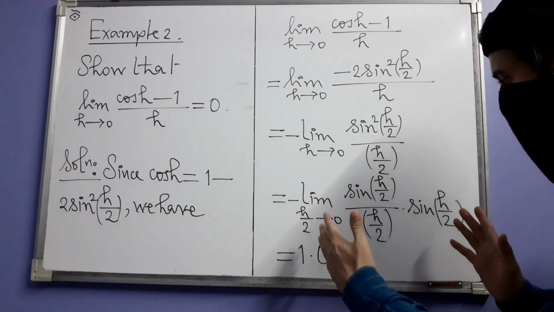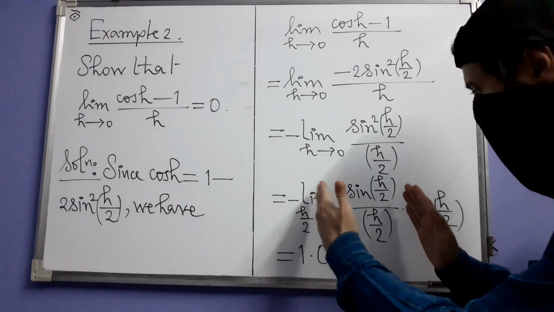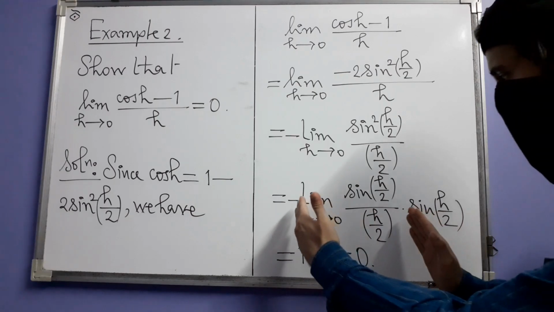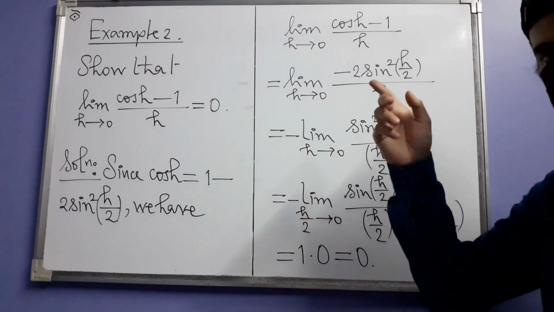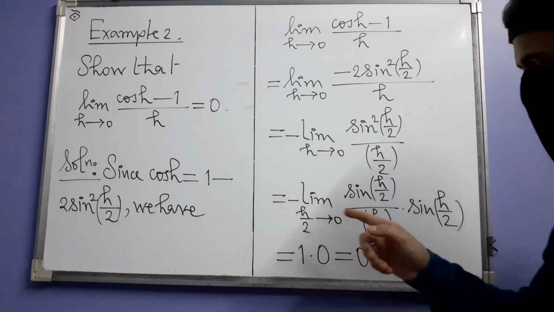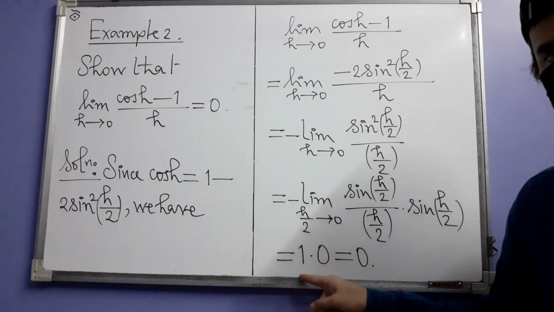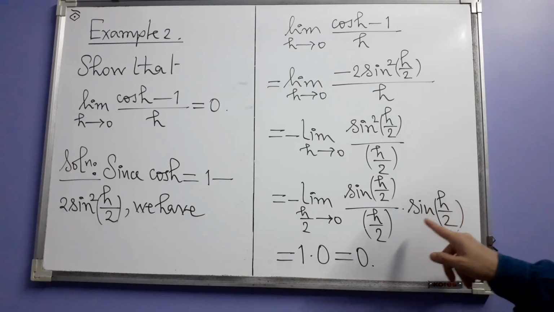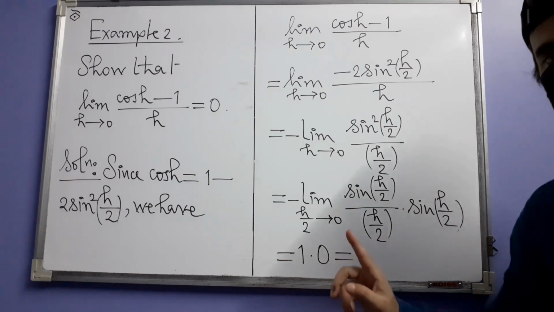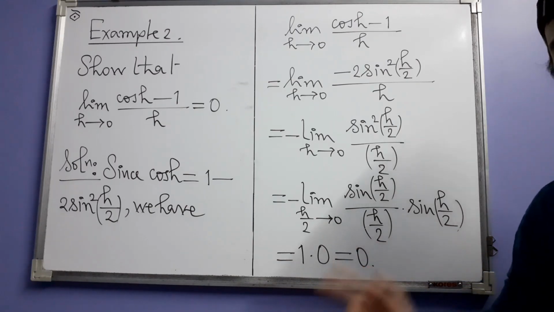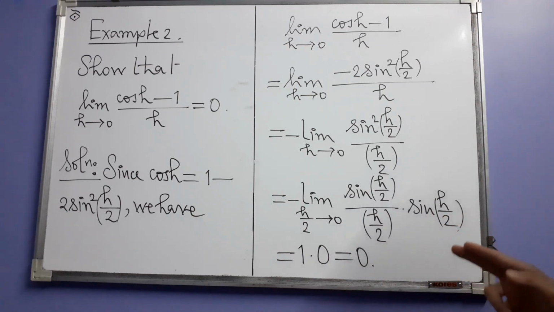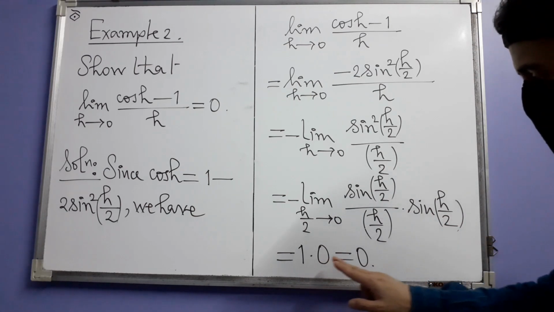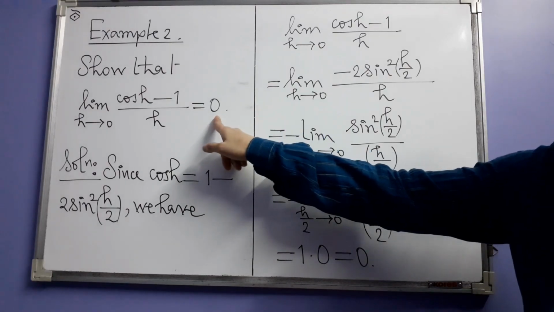Now this limit will be the product of the limit of this and the limit of this. The first limit, by what we did just now by theorem 4, is 1. And what about the second limit? Sine h divided by 2 approaches 0 as h tends to 0 because the sine function is continuous at 0. That is how you get 0.